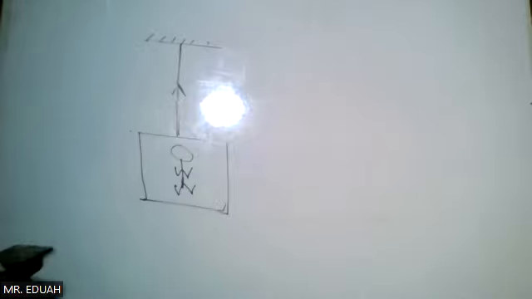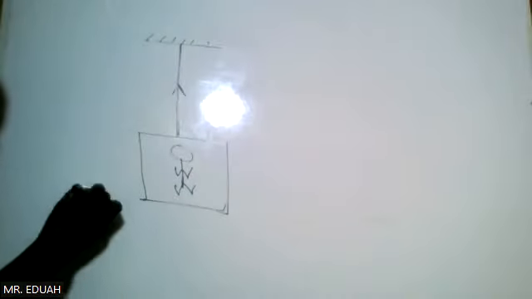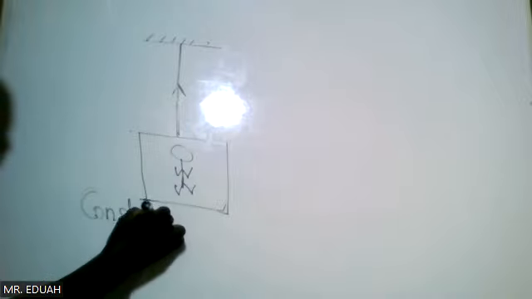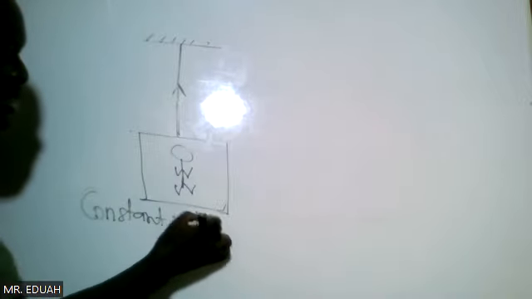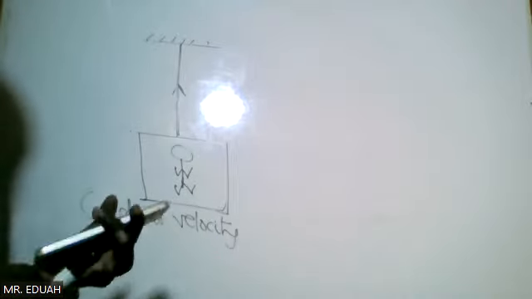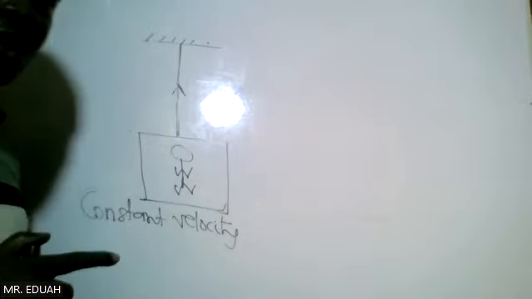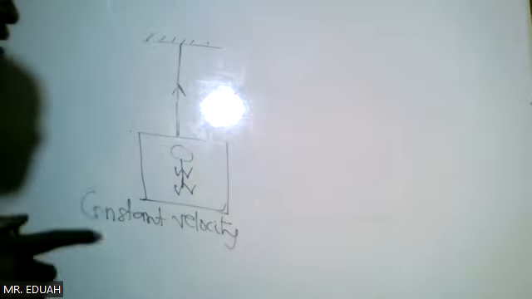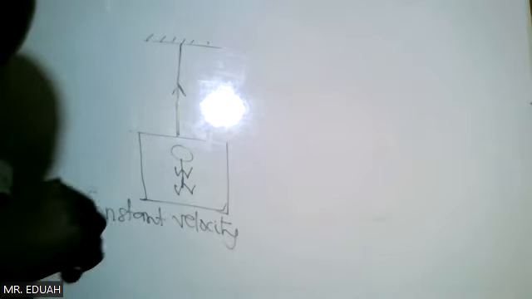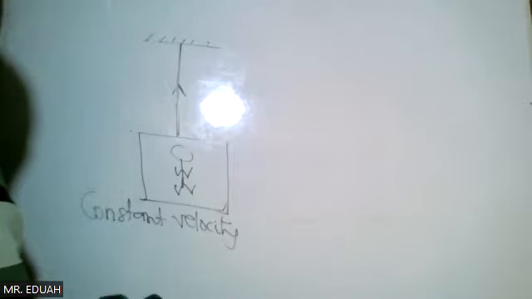Okay, so once we are told that the lift moves at a constant velocity, then this kind of motion purely falls under dynamic equilibrium. In a dynamic equilibrium, the net force acting on the body must be zero, yet the body moves with a constant velocity.